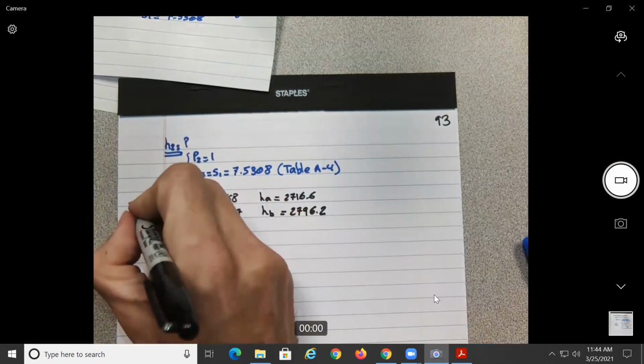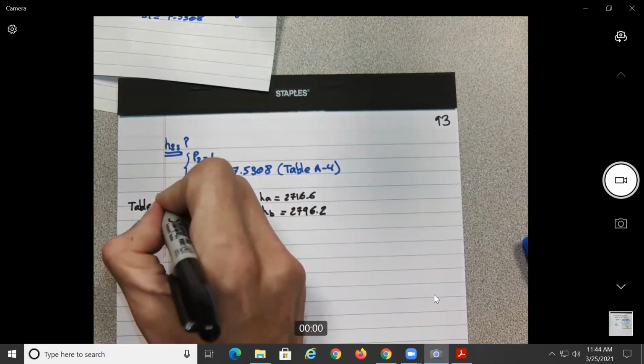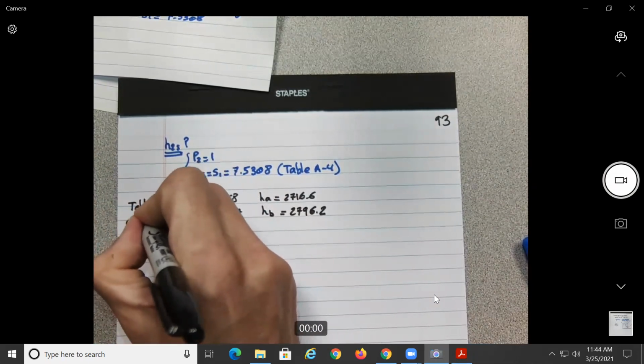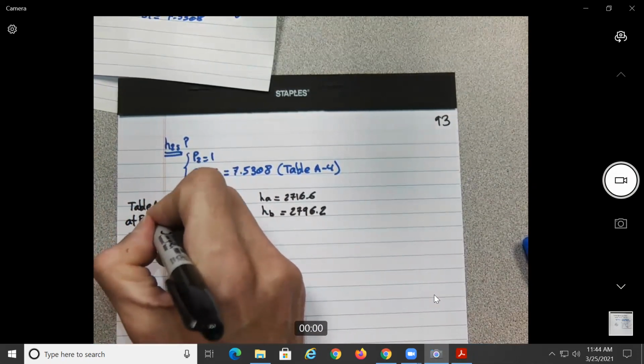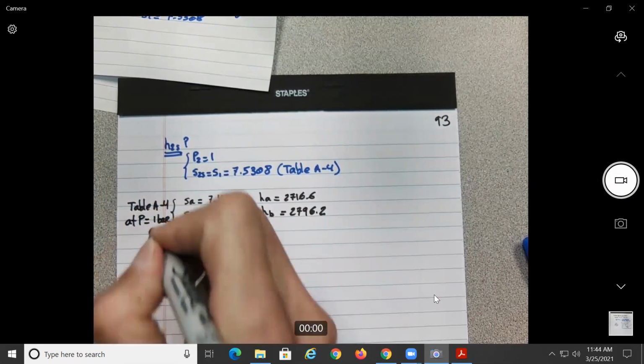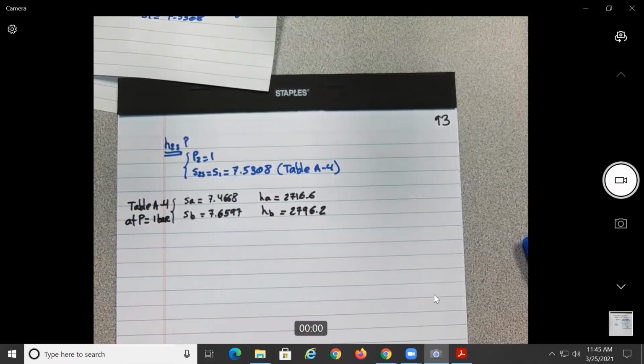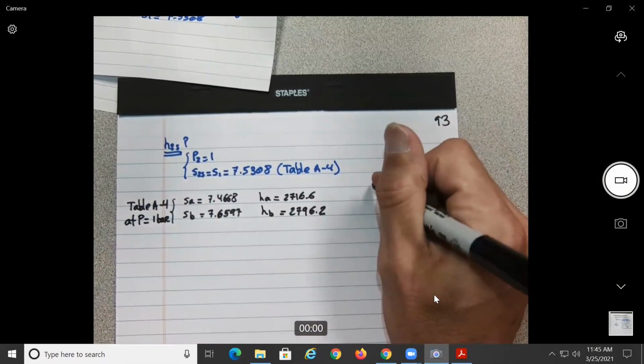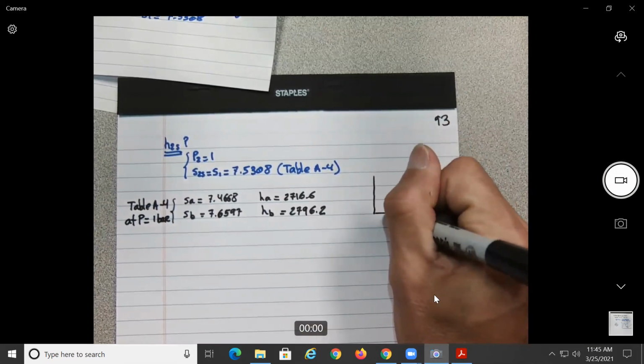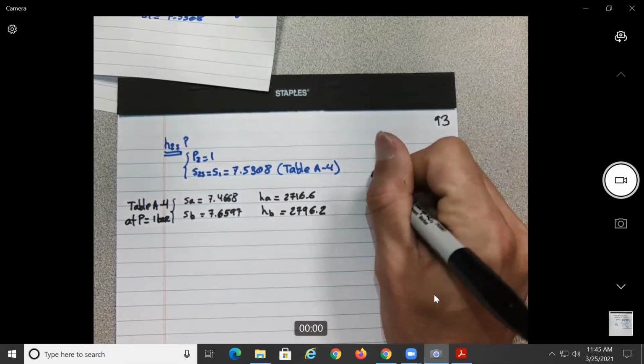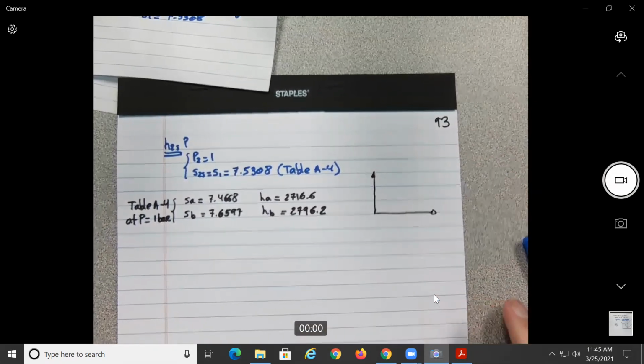So this is table A4 at P equal to 1 bar, okay? So just as a refresher, but I should not be doing this anymore. You should know how to interpolate.